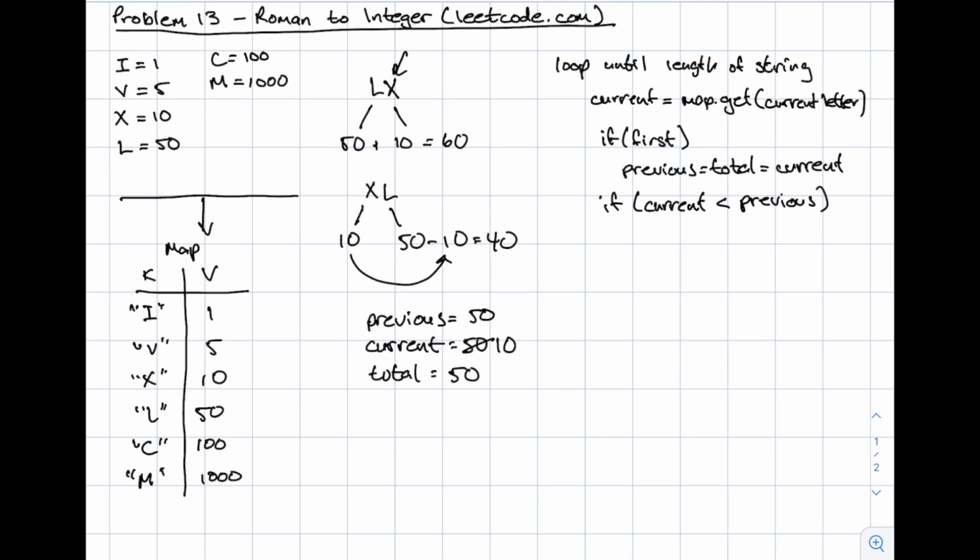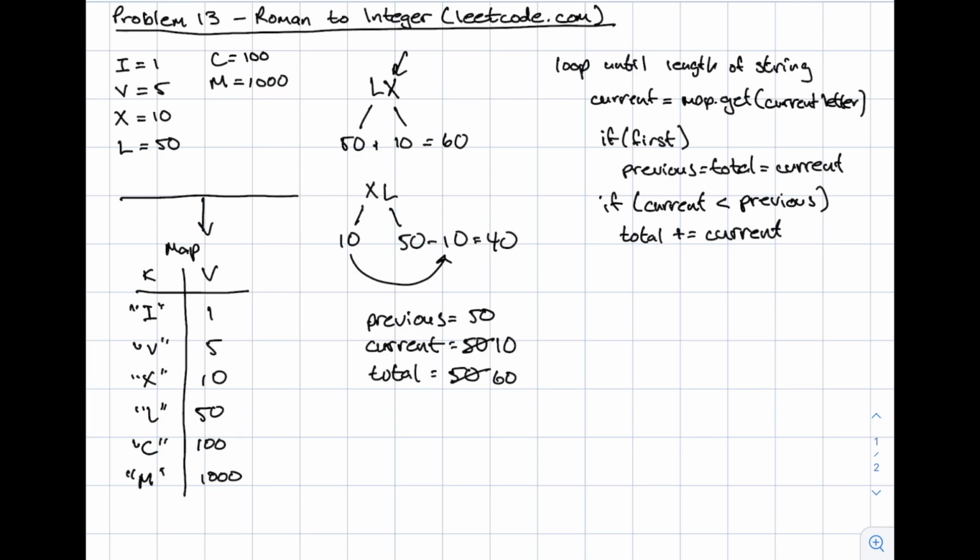When this is the case, we want to increment the total by the current value. So total is now 50 plus the current, which is 10, which is now 60. So what we have here works for this example of doing addition.